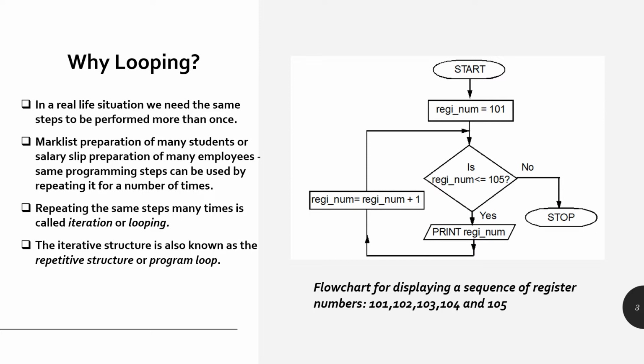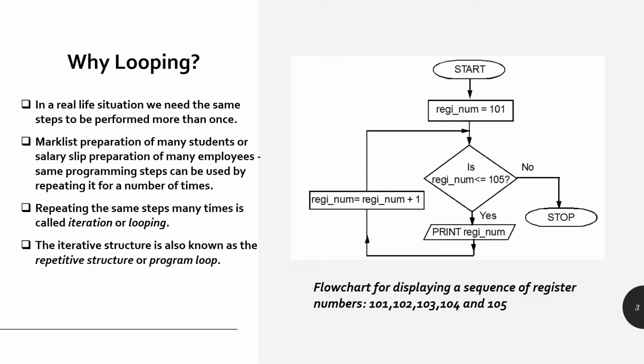Now we will see the working of the loop. Assume that the register number is now 101. Is 101 less than or equal to 105? Yes, so this will be executed. This will be printed, and control goes back, and this will keep on executing.